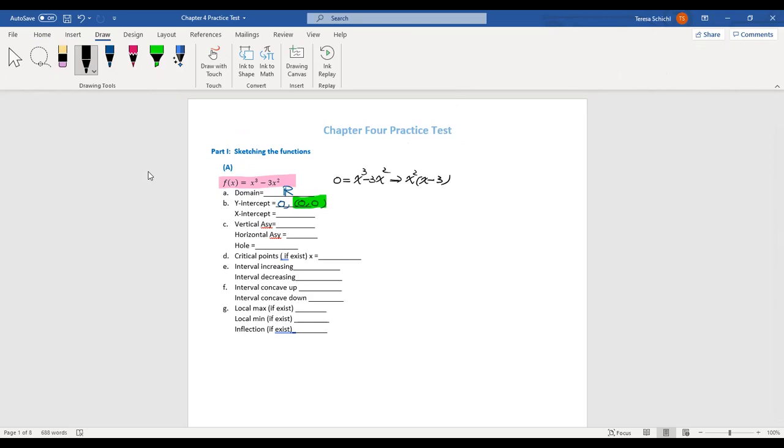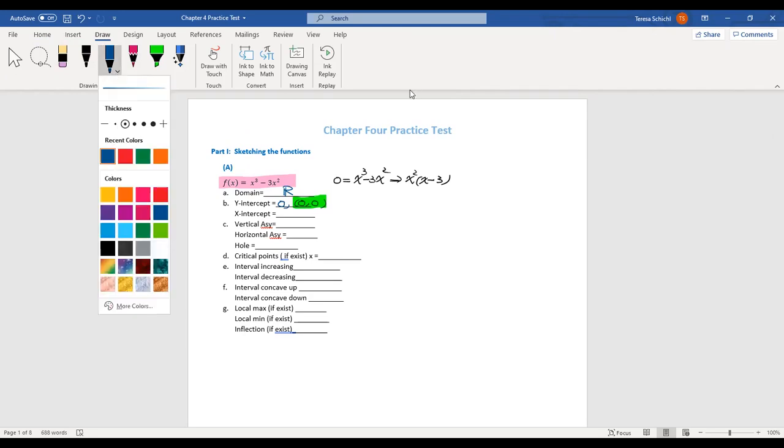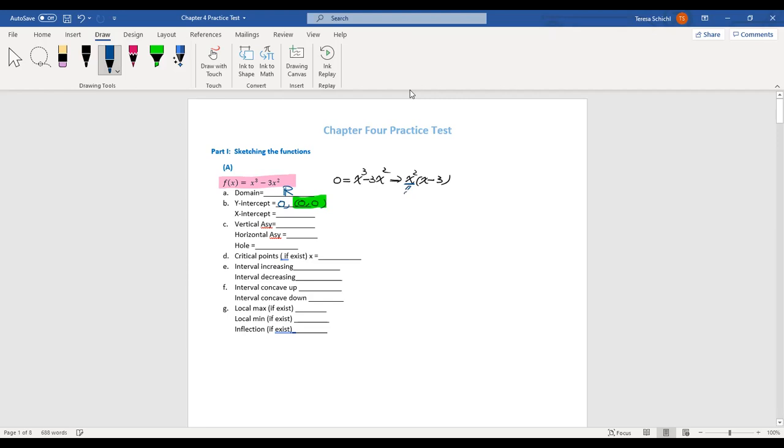So we will have x equal to 0 and x equal to 3. So the x-intercepts are the point (0, 0) and, for x equal to 3, the point (3, 0). These are our other 2 points here.